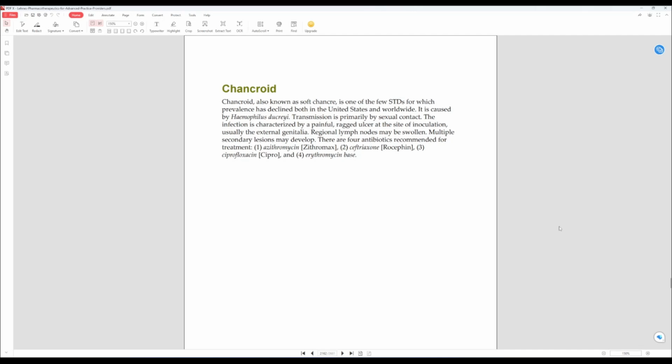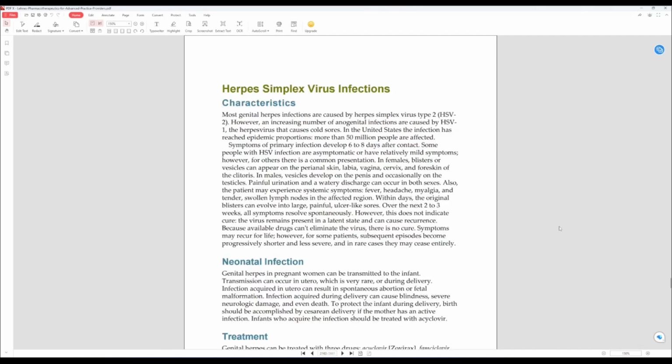Regional lymph nodes may be swollen, multiple secondary lesions may develop, and there are 4 recommended antibiotic treatments: azithromycin, ceftriaxone, ciprofloxacin, and erythromycin base. Which brings us now to herpes simplex virus infections.